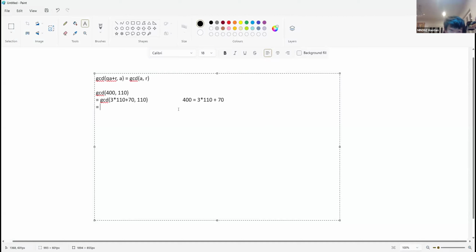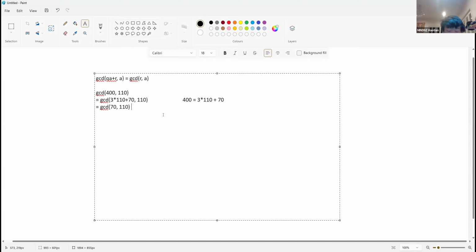And now by the Euclidean algorithm, that is equal to the GCD of 70 and 110.